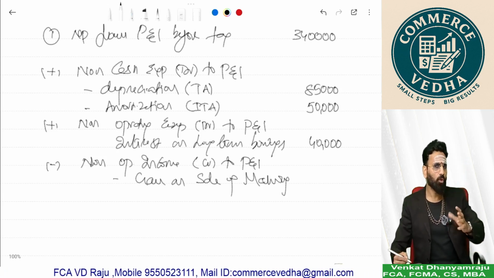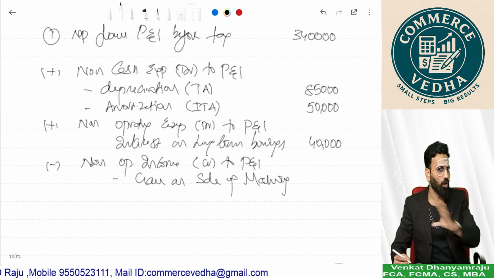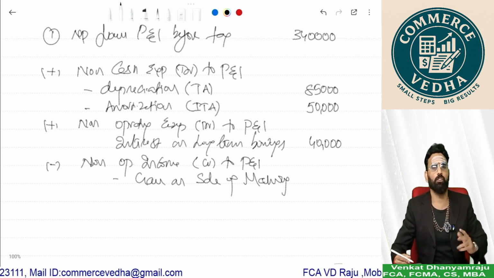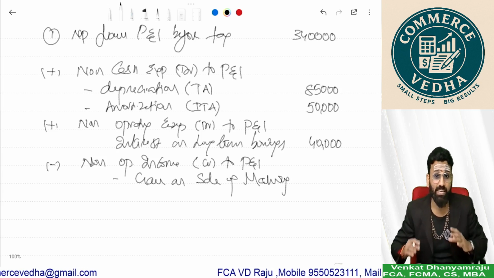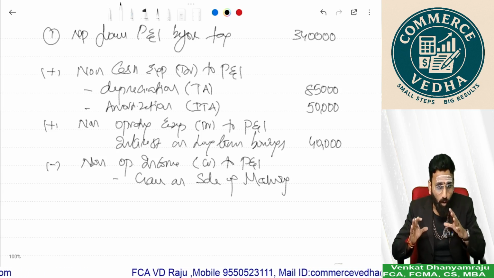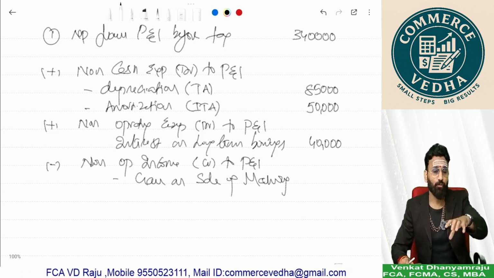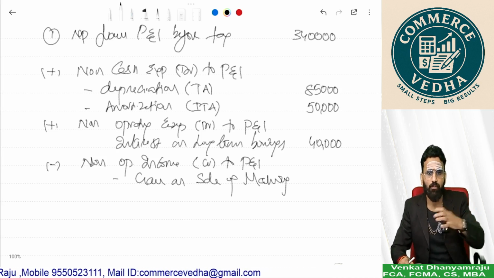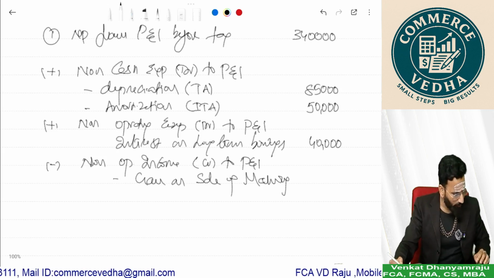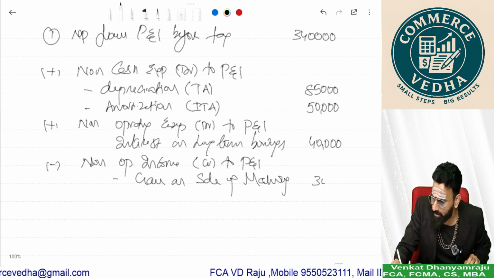Because the P&L account doesn't differentiate between operating and non-operating. It debits all expenditure, credits all incomes, but when it comes to cash flow, we should always compute the cash flow from operations, from finance, and from investing. So gain on sale of machinery here is 30,000, which I am deducting.